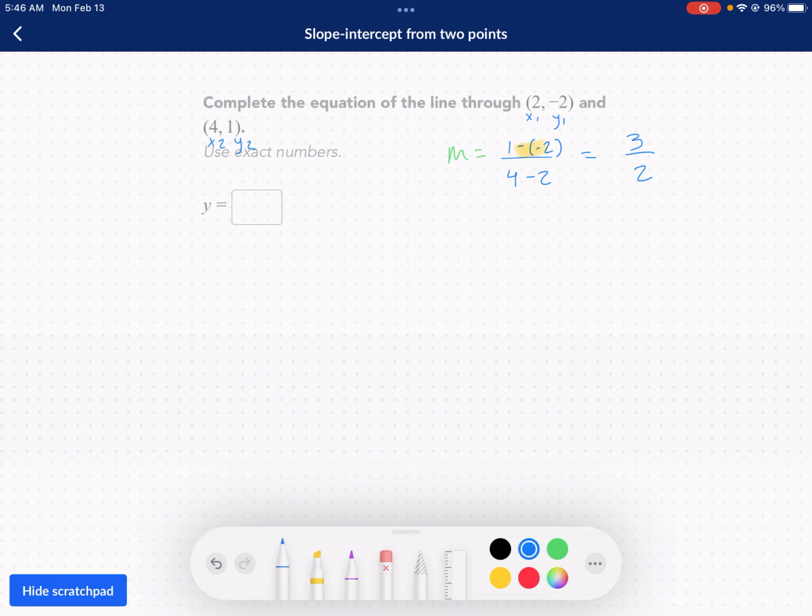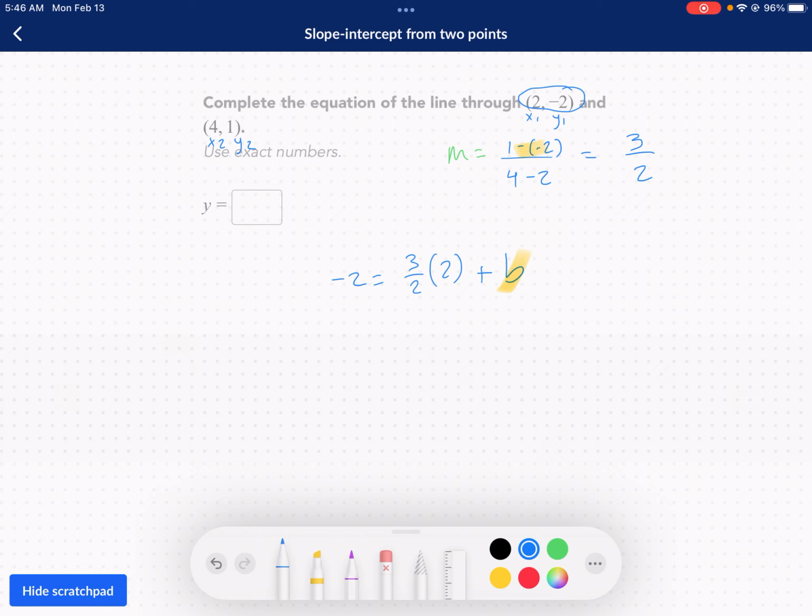This one's going to be a little tougher just because it's a fraction, but it's not impossible. So we're going to go ahead and plug in y equals, and then m is 3 over 2 x plus b. Now we're solving for b. We want b by itself, so we're going to have to substitute some values for x and y. Before I chose 2 and -2, and I think I'm going to do that again this time. So my x is 2 and my y is -2.